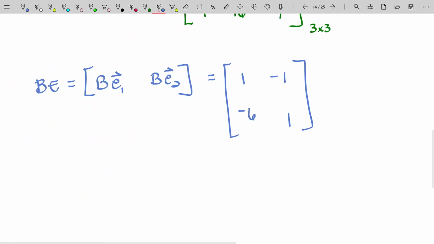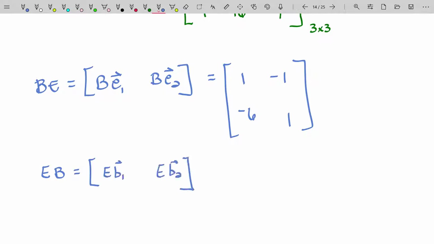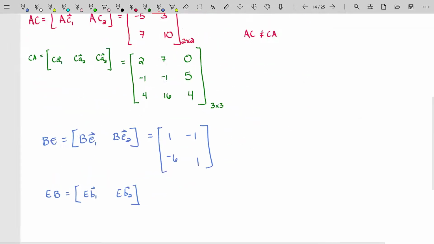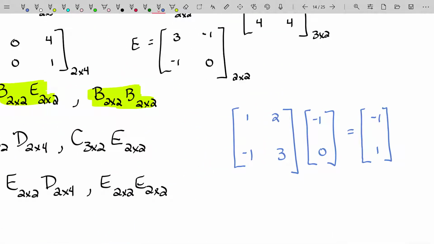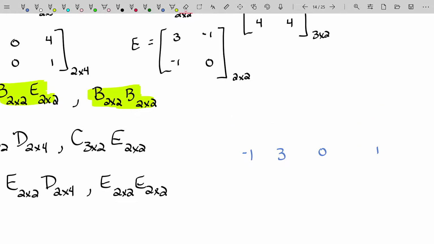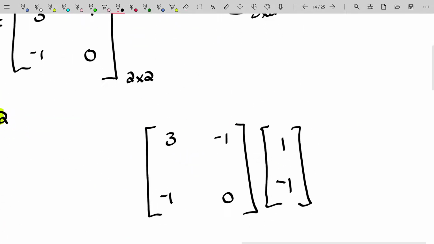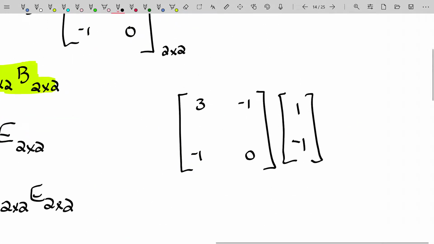That's a 2 by 2 matrix BE. Now let's take a look at the 2 by 2 matrix EB, which again is a matrix where the columns are EB1 and EB2. Going up here and replacing my scratch work, that is the matrix E times the first column of B, doing the multiplication very quickly.